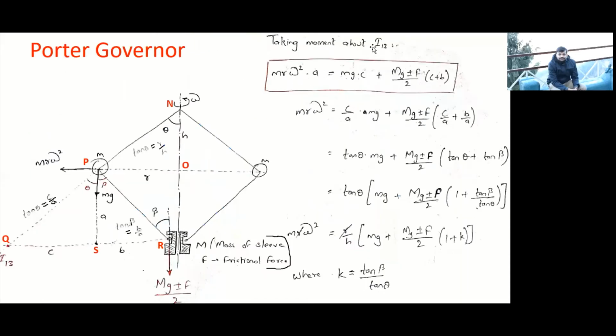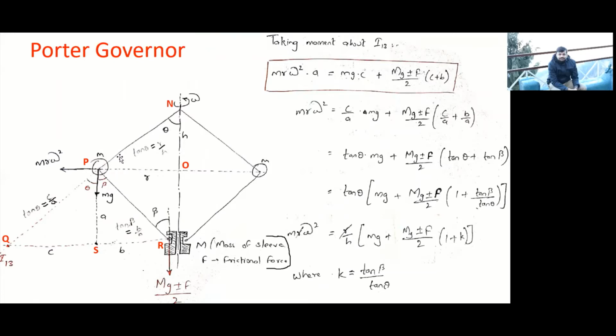Okay. So this is the typical line diagram for Porter Governor. This is the weight, central weight. Now this weight has mass M, and these small fly balls have mass small m. All right.